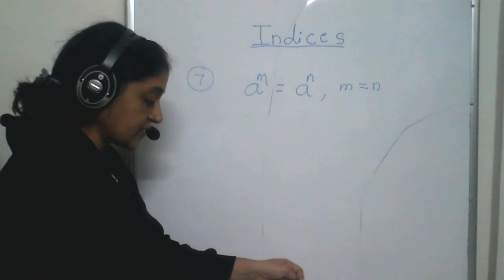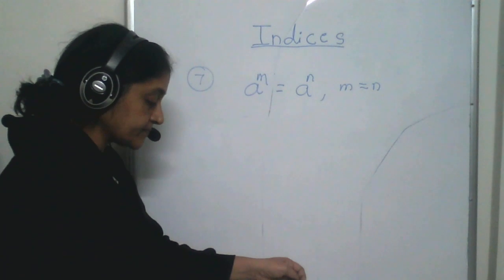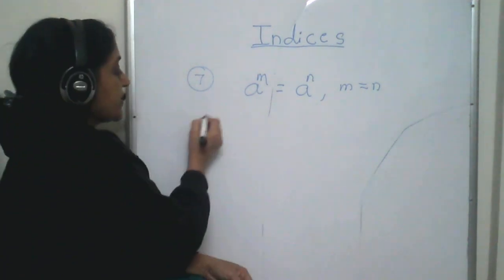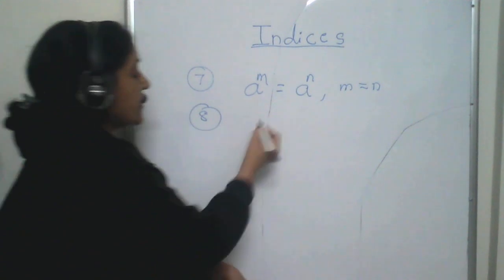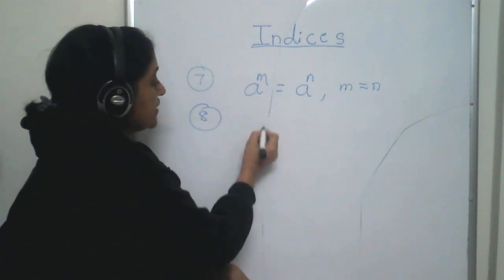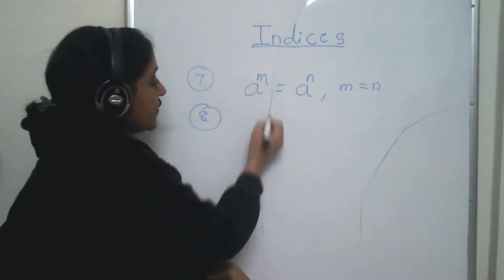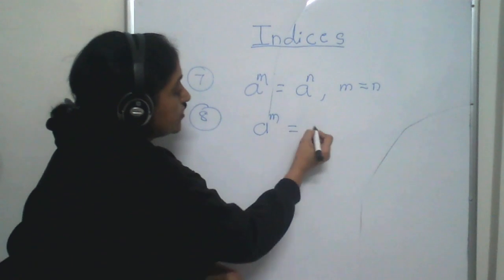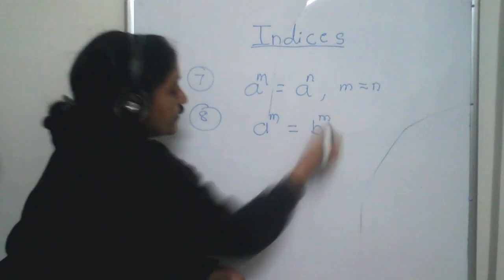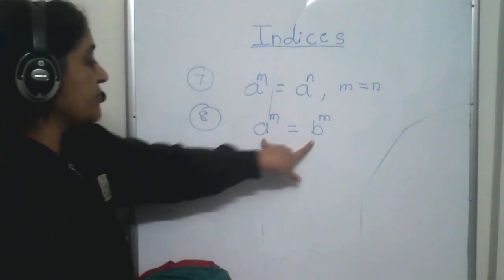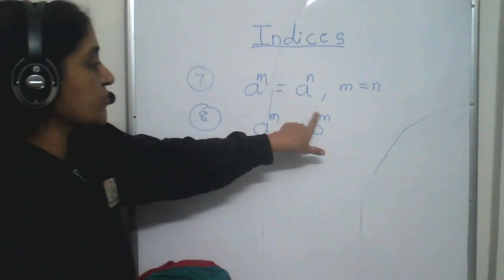Now the next one is the other way round. Now if you have a to the power m equal to b to the power m, what do you observe here? The bases are different but the exponents are the same.